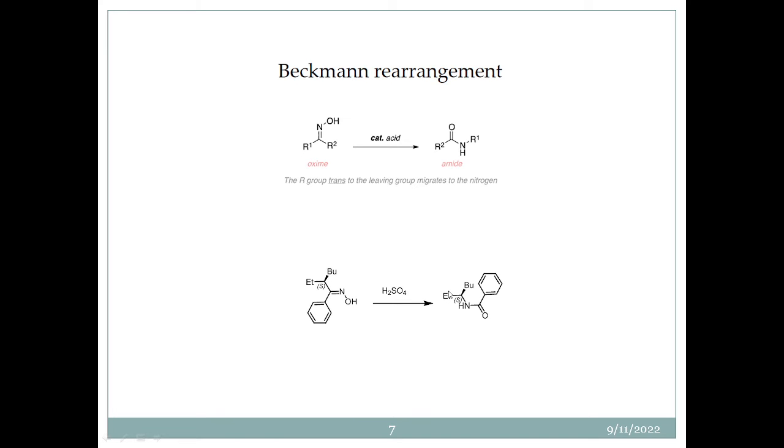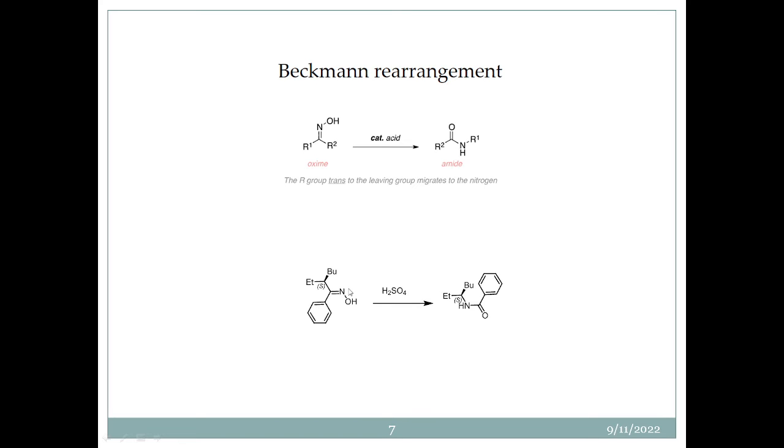Again, retention of configuration, meaning it directly migrated to the nitrogen center. If it was not a concerted path, it would form a planar species. In that case this would not be observed; both R and S would be formed. So this part shows that there is a direct migration from this center to this center.